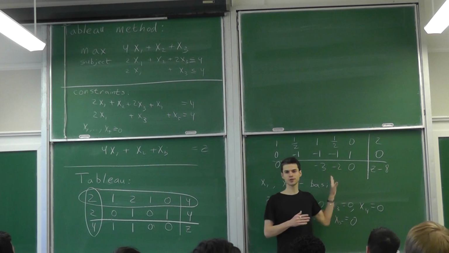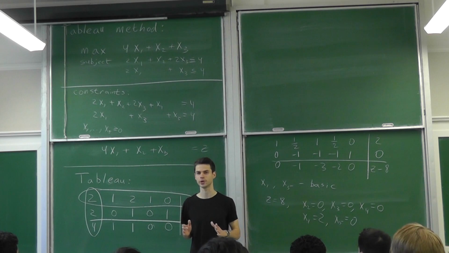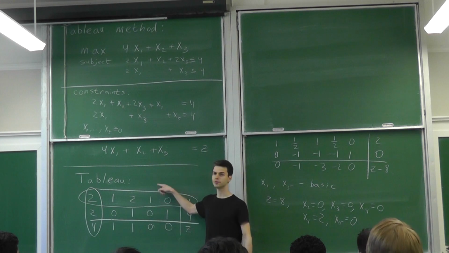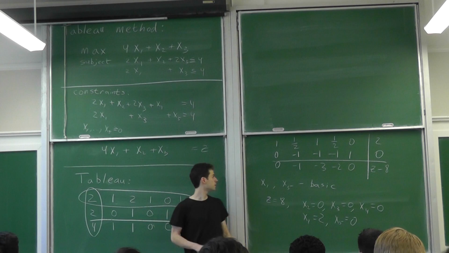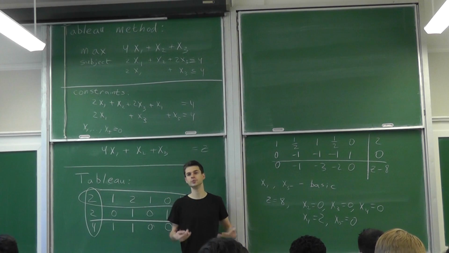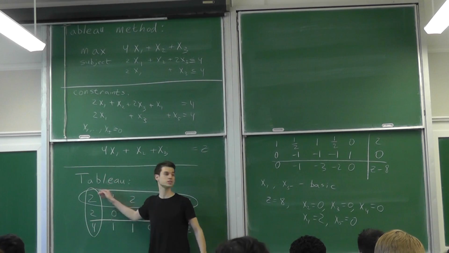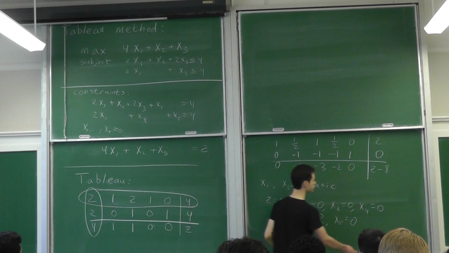Here we have some rules which are quite easy to remember. A basic variable corresponds to a column with all zeros but one at one of the places. And once you want to make a pivot, just make a non-basic column like this into a basic one like this.